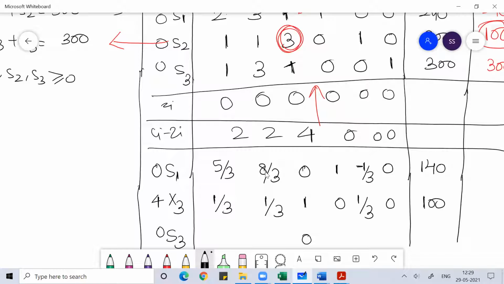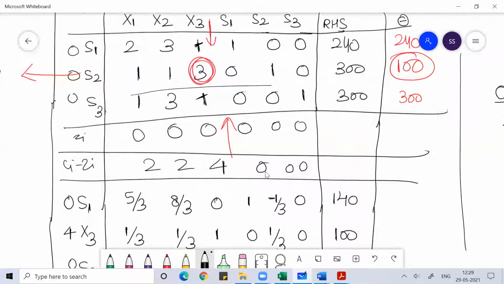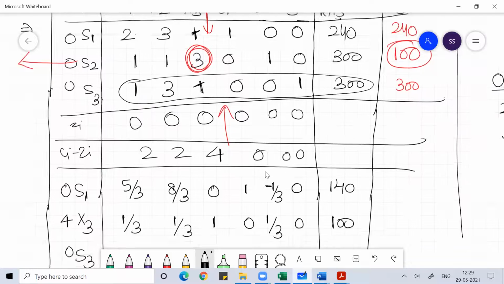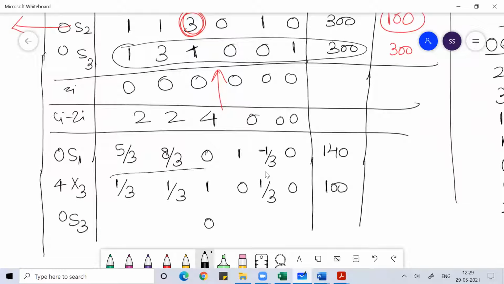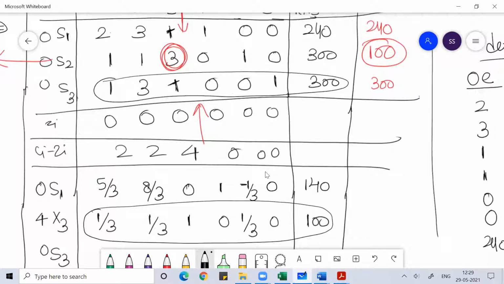Now I'll find the value of S3. What is the old element of S3? This is the old value of S3, and that I'll subtract from the new element value, which is this. And the constant would be the corresponding value of S3 for whatever you chose as the pivot element.